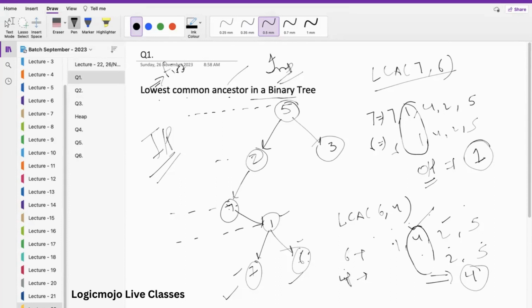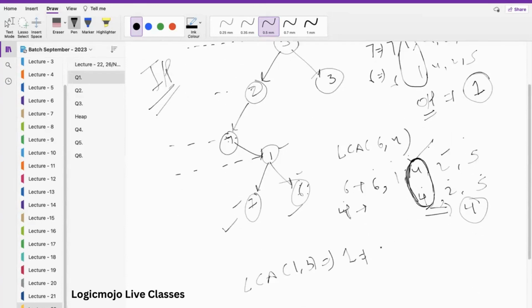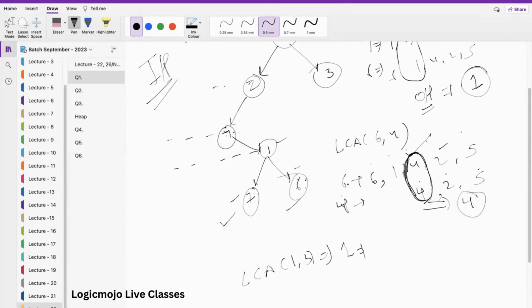So for 6, the ancestors will be 6, 1, 4, 2, 5. And for 4, the ancestors will be 4, 2, 5. Now, to find the first common ancestor in a binary tree, just go through the lists and see which is the first common element between the two. The first common element between the two lists is nothing but 4. So the answer for the common ancestor between 6 and 4 is 4. Does that make sense? Okay.